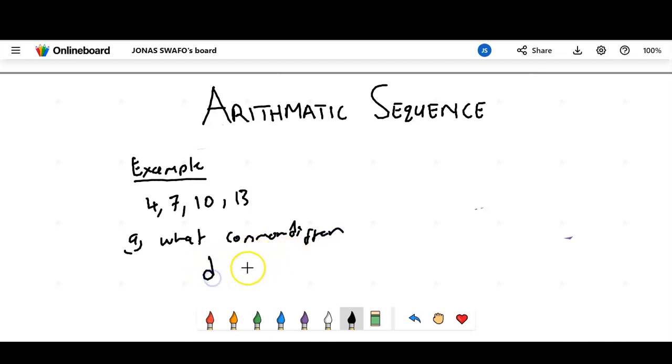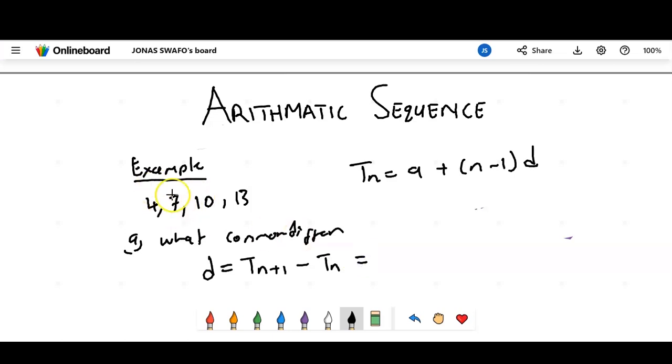So guys, remember our formula is Tn equals A plus (n minus 1) all multiplied by D. Our common difference, or our D, is always Tn plus 1 minus Tn, right?